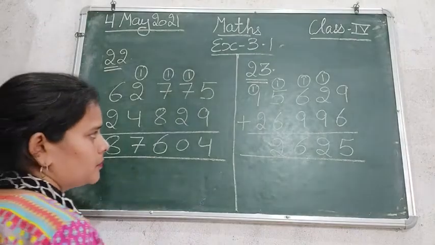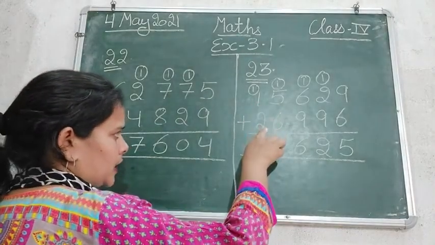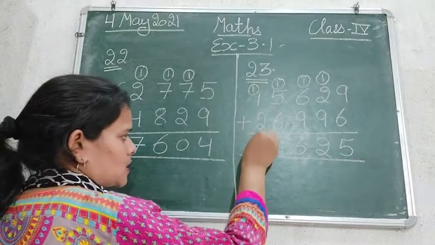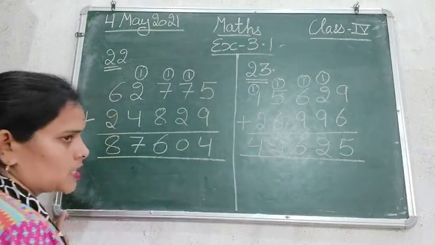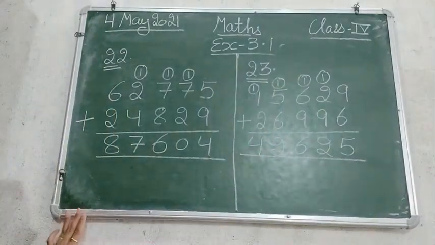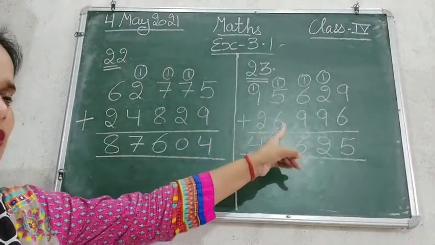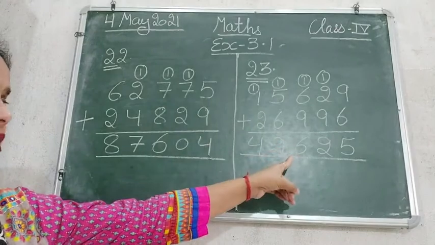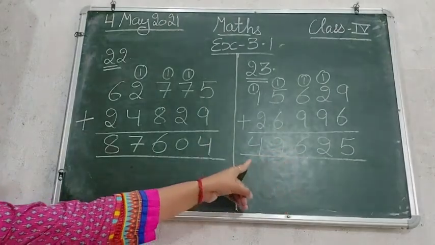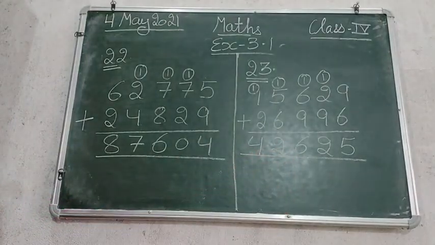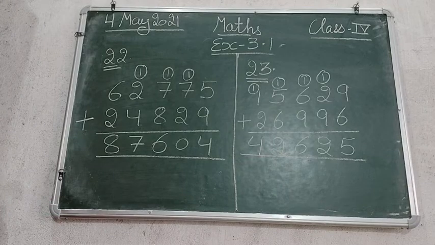Now add them. 1 plus 2, 3 plus 1. This is 4. So after adding 15,629 with 26,996, we got 42,625. So this is the solution of question number 23.